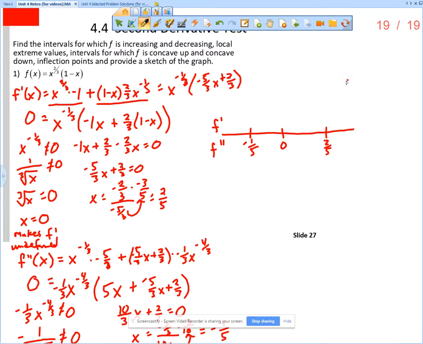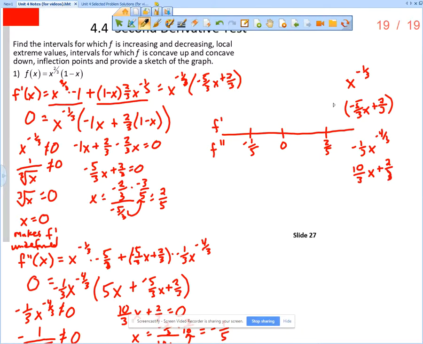So that would be x to the negative 1/3, and then negative 5/3 x plus 2/3. That's f prime. Below the line, I'm going to put f double prime. f double prime was negative 1/3 x to the negative 4/3, and then the 10/3 x plus 2/3.